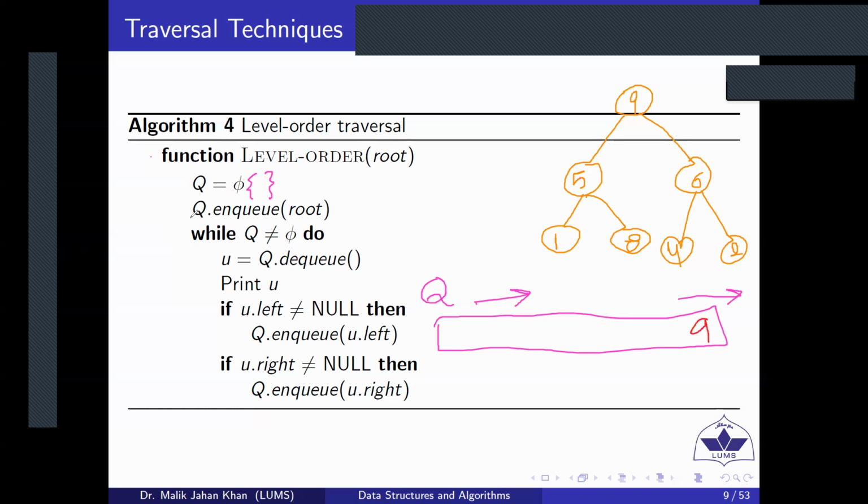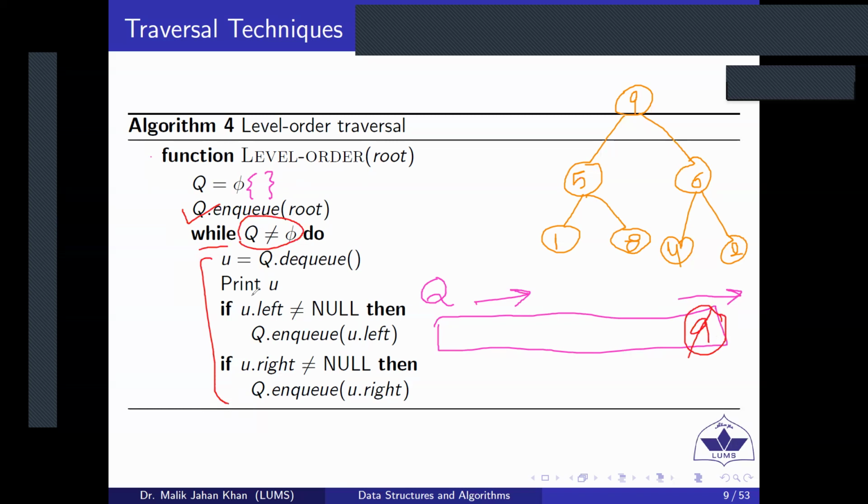After queuing 9, we have a while loop. We check the condition if the queue is not empty, and the queue is not empty because we have just enqueued the root, so we get into this loop. All these lines are inside the while loop. What we do is dequeue an element from the queue. The element which was enqueued first will be dequeued first, so the first thing dequeued from the queue is 9.